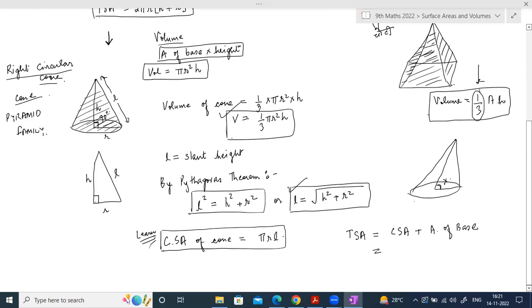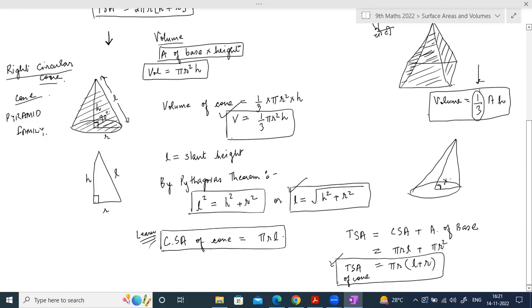So it becomes pi R L plus pi R squared, equals pi R times L plus R. And that is the formula for TSA of a cone. Pi R times L plus R.